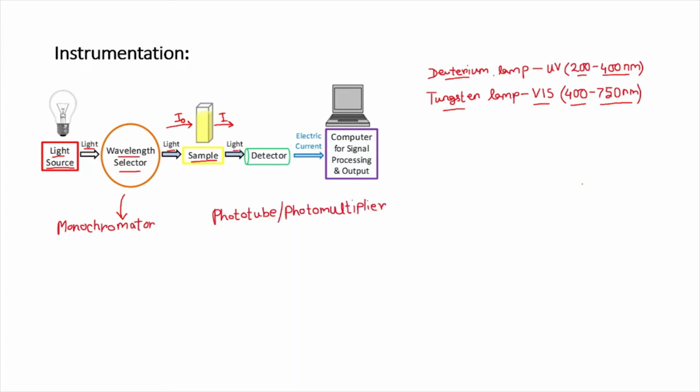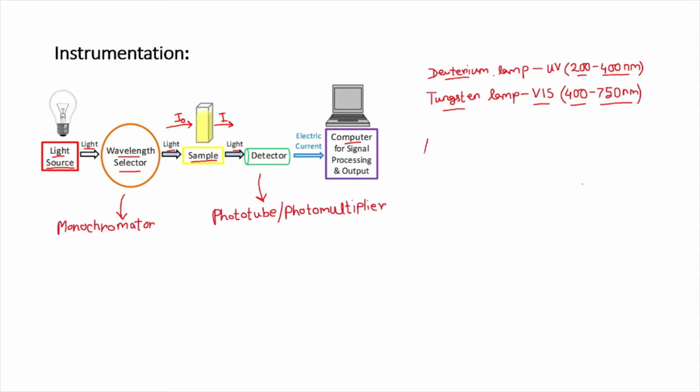The detector used in this case can be either a phototube or a photomultiplier, and it is analyzed by a computer where the light energy is converted into electrical energy, processed, and the output is recorded. So this change in intensity gives the amount of light energy absorbed by the sample.